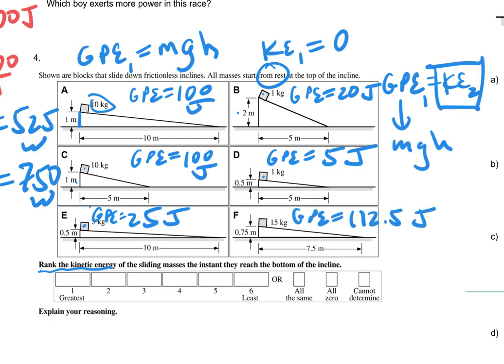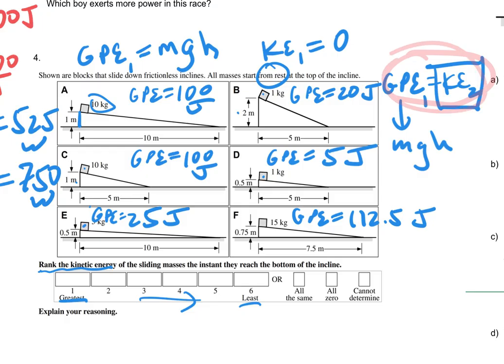So we're asked to order the kinetic energy at the point that they reach the bottom from greatest to least. Again, kinetic energy at the end is equal to GPE at the beginning.